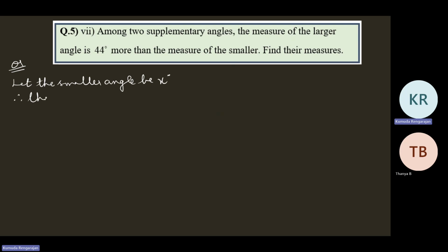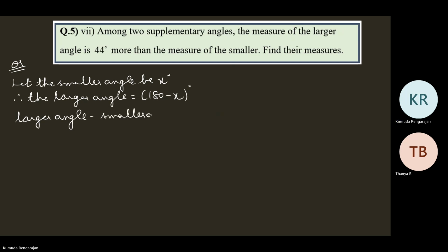Therefore, the larger angle is equal to 180 minus x degrees. So it's always larger angle minus smaller angle is equal to 44 degrees.